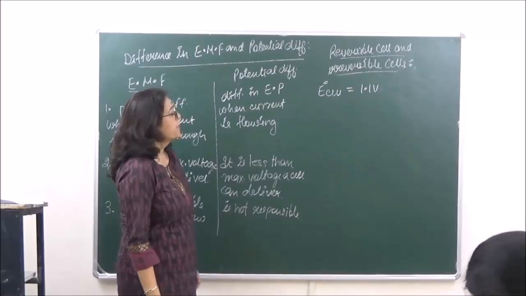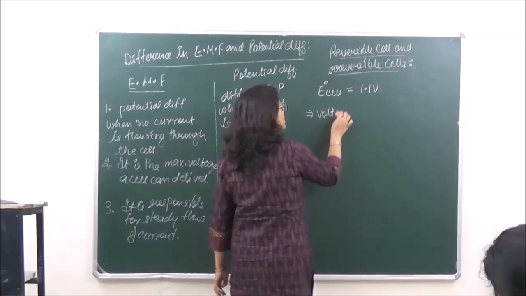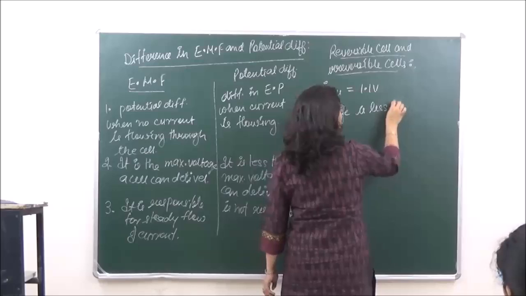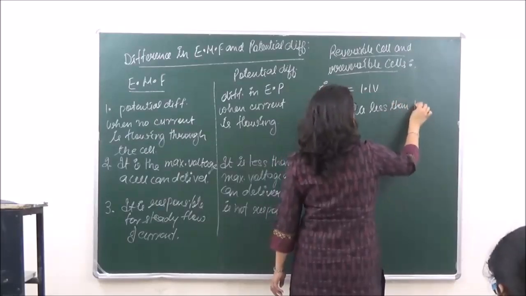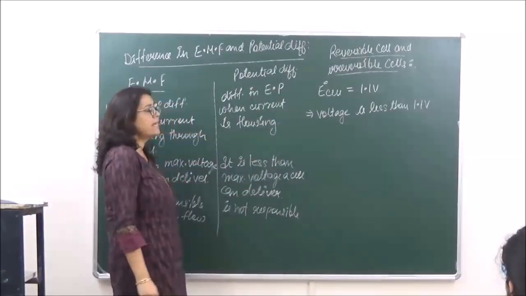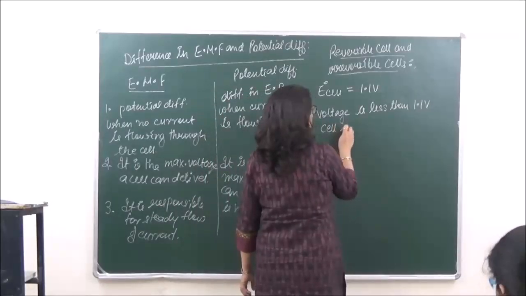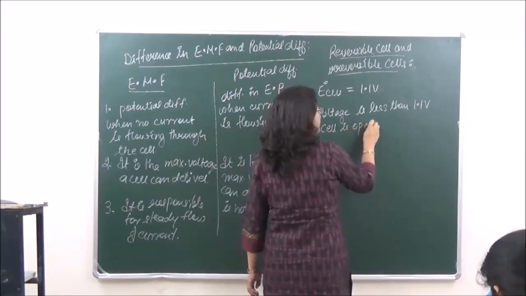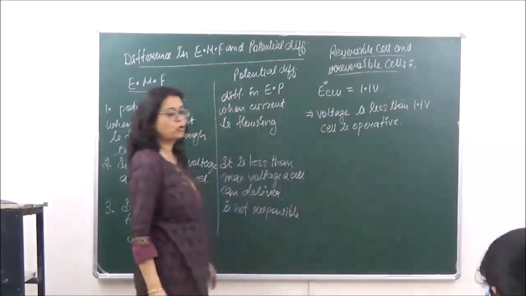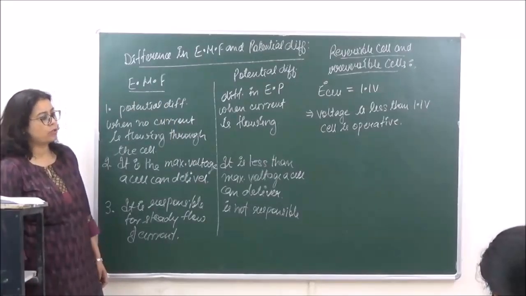Okay, so over here we say that if the voltage is less than 1.1 volt, then the cell is operative, or the electrons keep flowing from the anode to the cathode, and the current will keep flowing from the cathode to the anode, right?